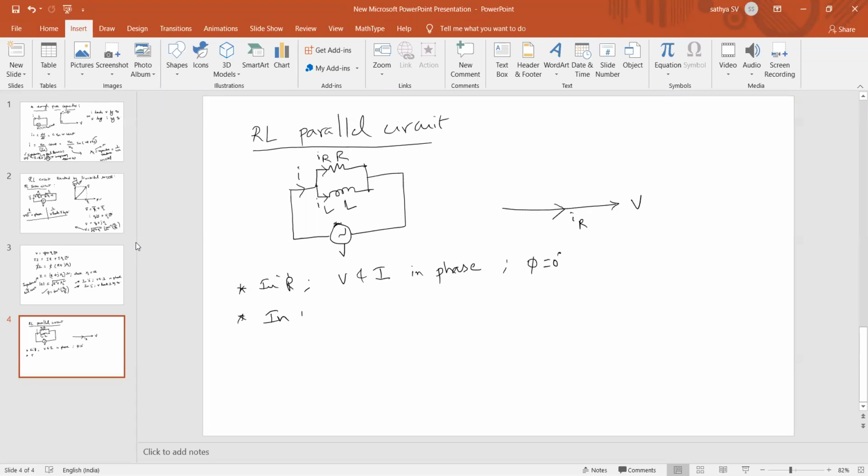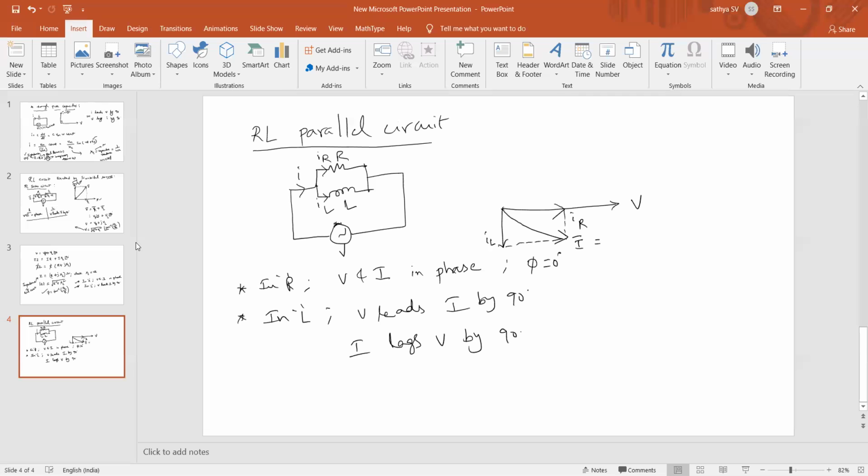Now in the inductor, what is the relation between V and I? V leads I by 90 degrees, or I lags V by 90 degrees. Lags means we need to draw downward. That is IL. So shall we draw the resultant of total current I?